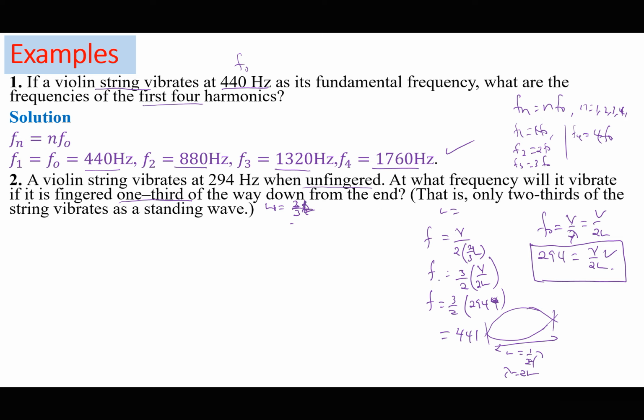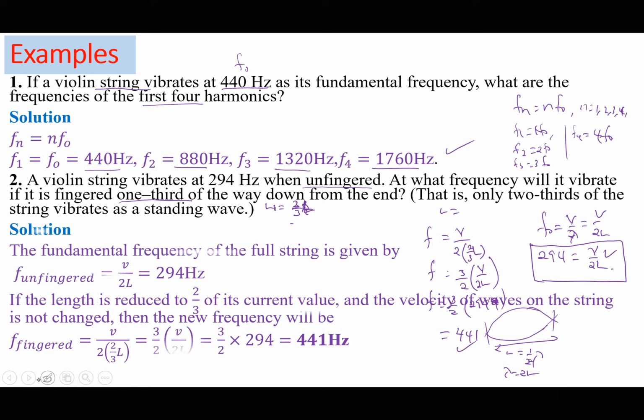That's why for the new frequency, I just removed the L in that equation and replaced it with 2 over 3 L. So this gives me this frequency here. So I've shown the fundamental frequency is equal to that.